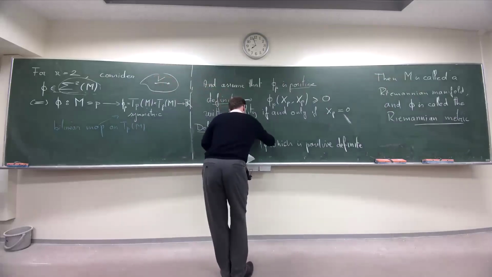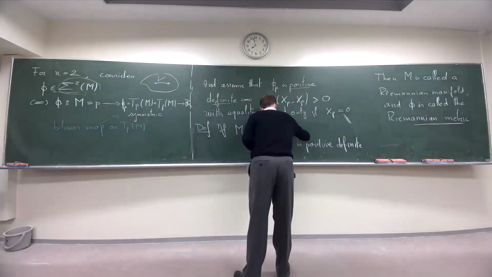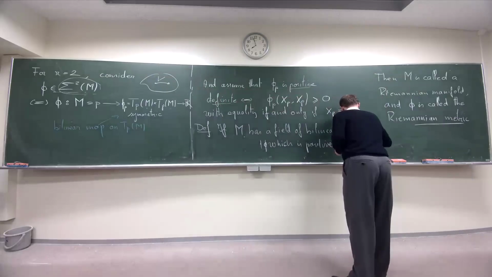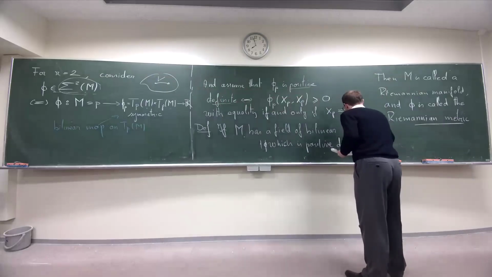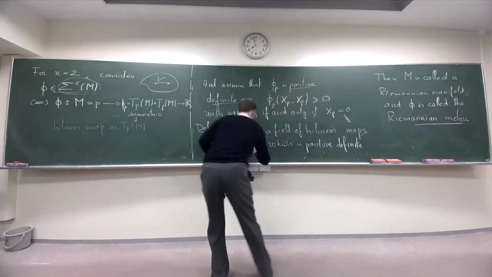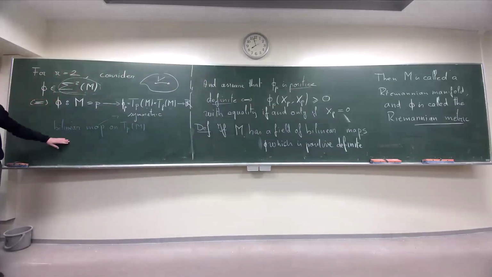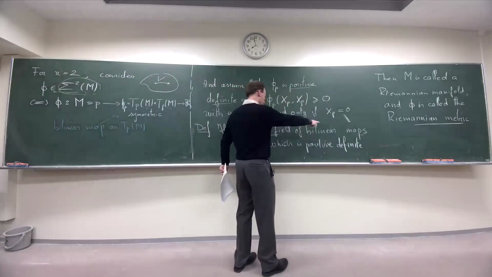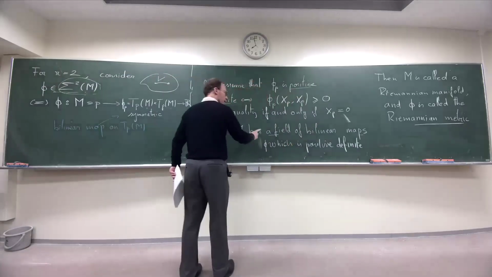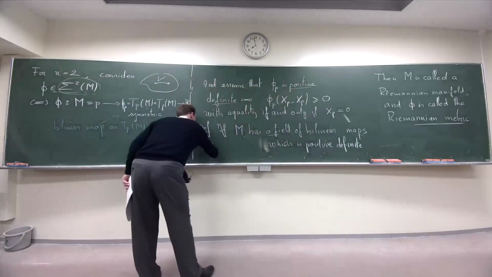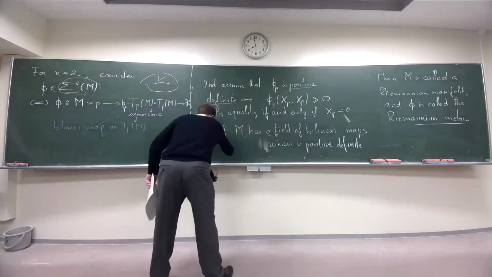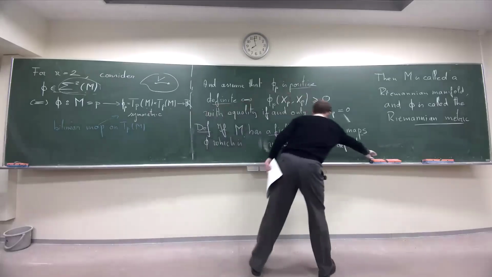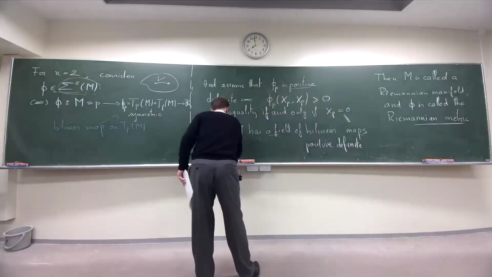If M, the correct wording is, has a field of bilinear maps. You're right, it was not correct. Now it's correct. If M has a field of bilinear maps phi, which is symmetric and positive definite.